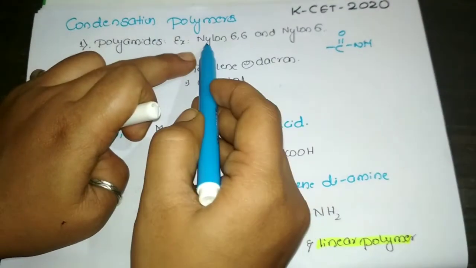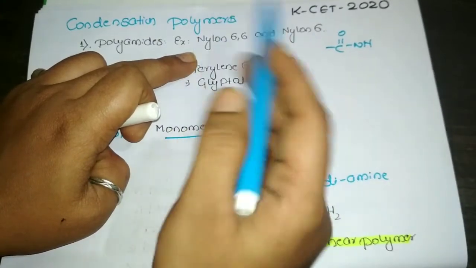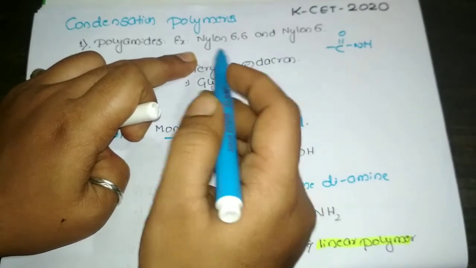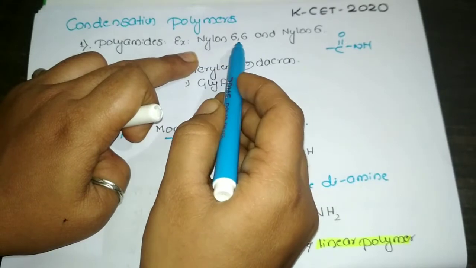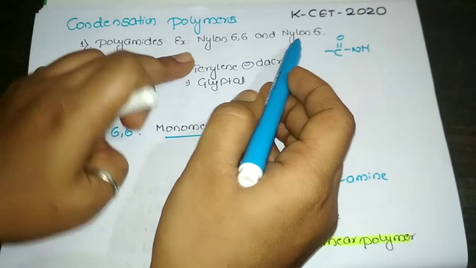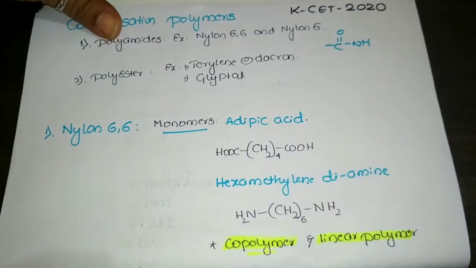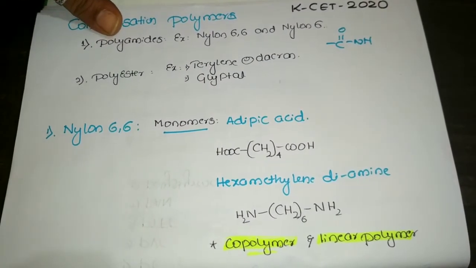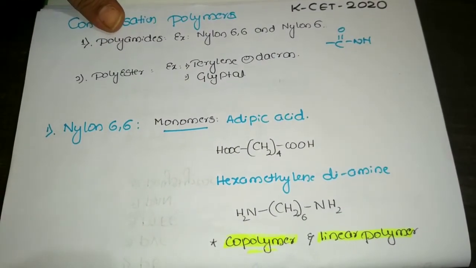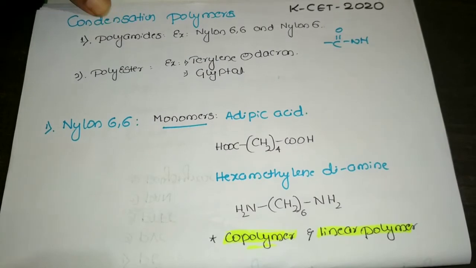For Karnataka CET as well as the theory exam, nylon 66 and nylon 6 are the examples. For your CET exam, they may ask about the partial structure or some of the monomers of nylon 66 and nylon 6.